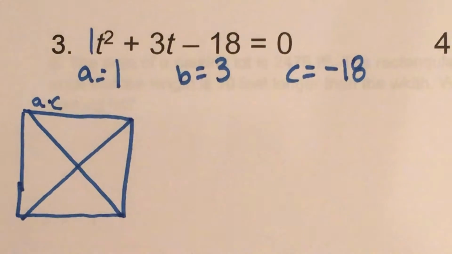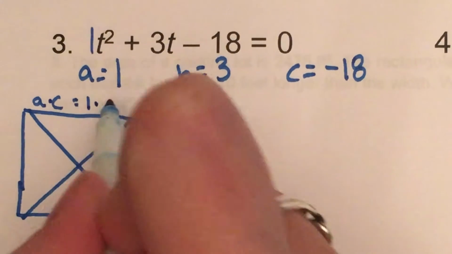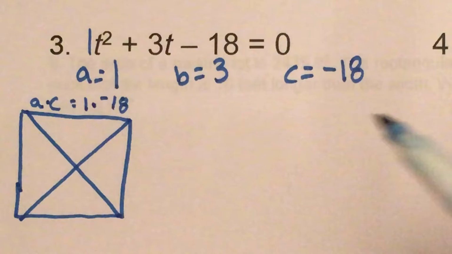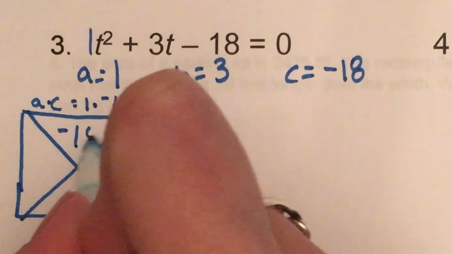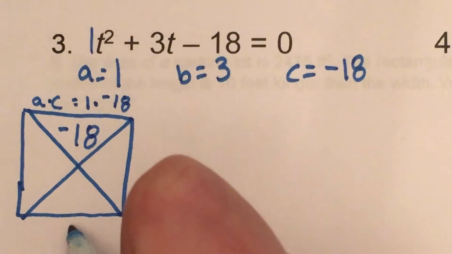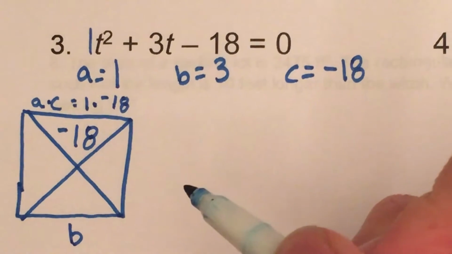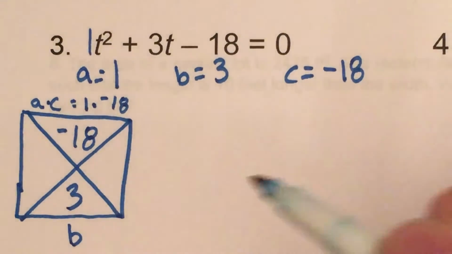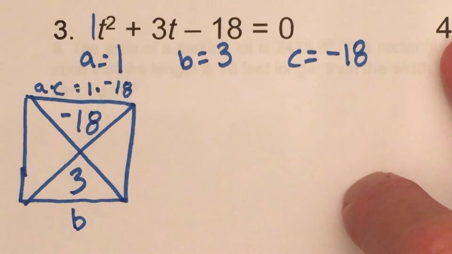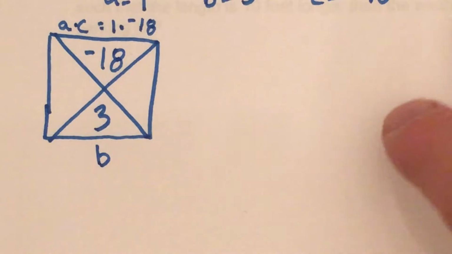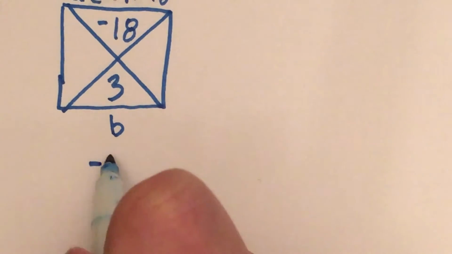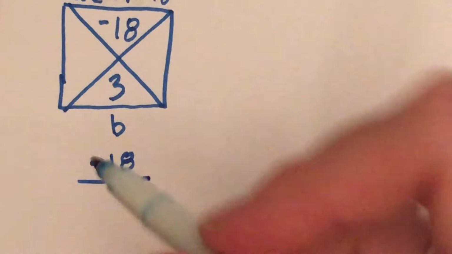A times C. So we have 1 times a negative 18, which gets for us negative 18. And what goes in the bottom triangle? Good, you remembered it's B. And that's a 3. Nice. So now let's go build our t-table. I have a negative 18.